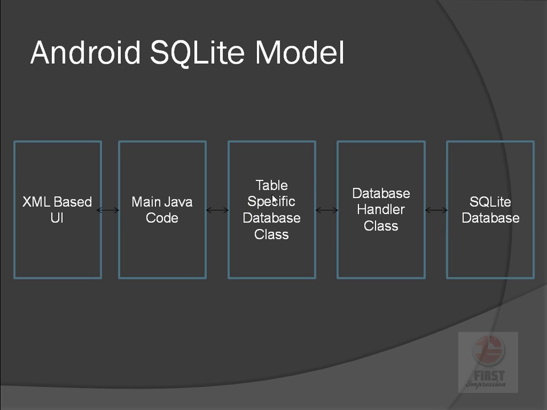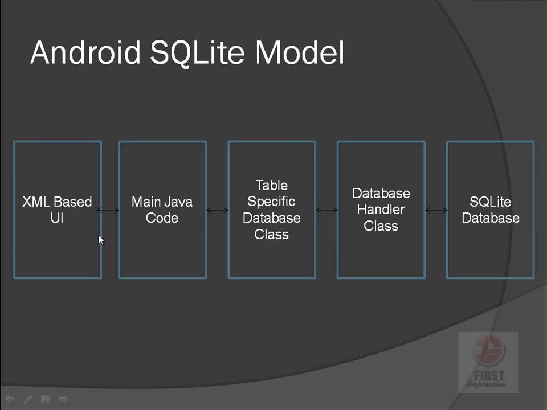This table specific class will access the database handler class. The database handler class will access the SQLite database and check if the user is valid or not. If the user is valid, it will give a response to the database handler class. The handler class will give the response to the table specific class. It will give the response to the main Java code, and the main Java code will display something at the output.